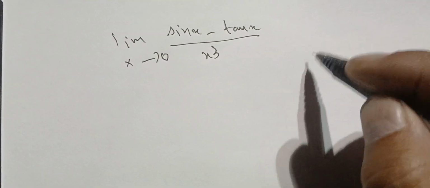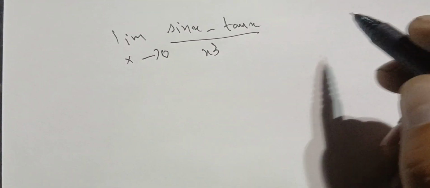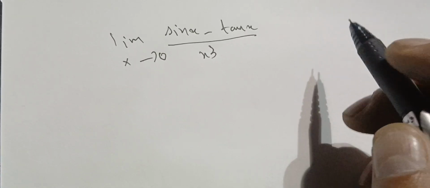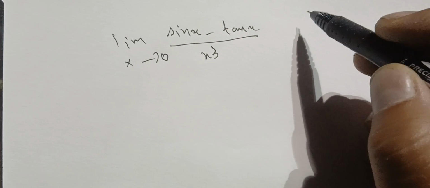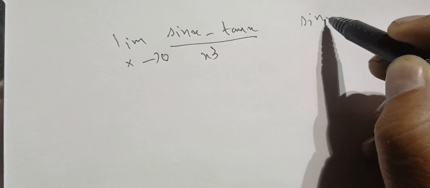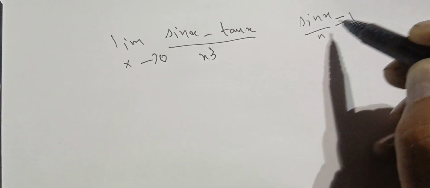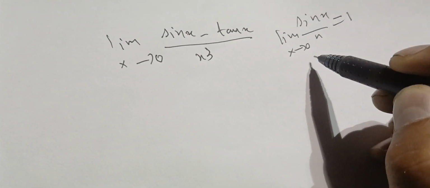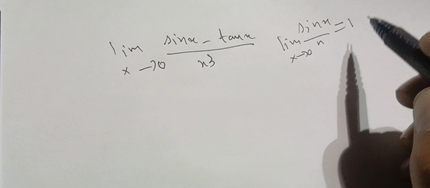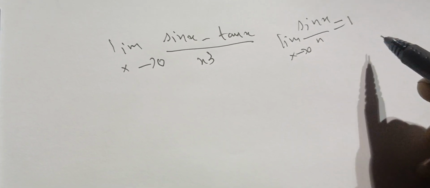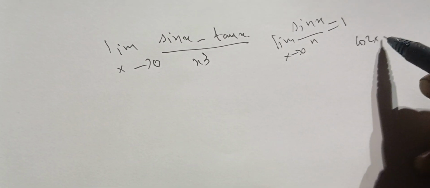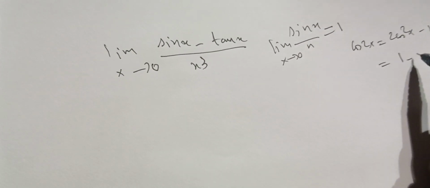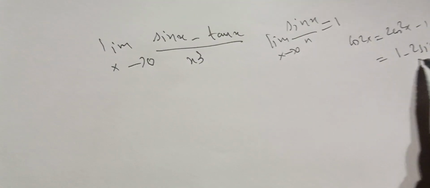Try to write the tangent in terms of the sine and cosine, and use the fact that the limit of sine x over x is 1 when x is close to 0. Also use the fact that cosine 2x is 2 cosine squared x minus 1, which is 1 minus 2 sine squared of x.